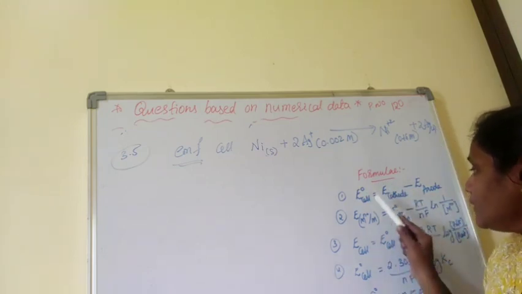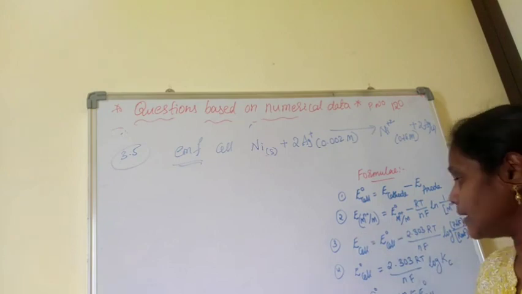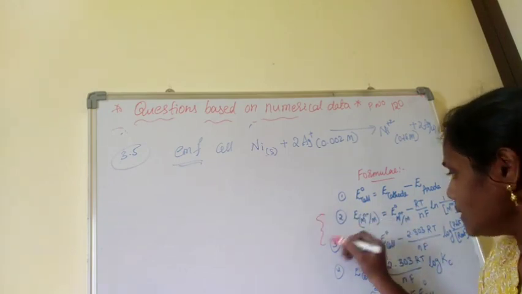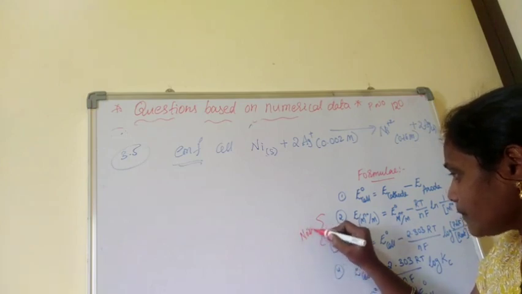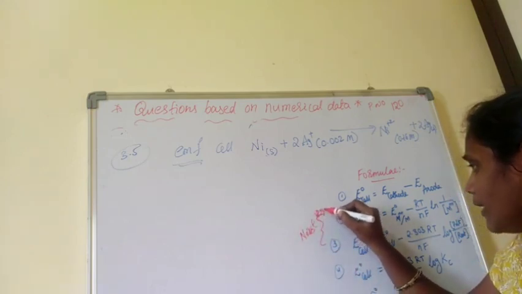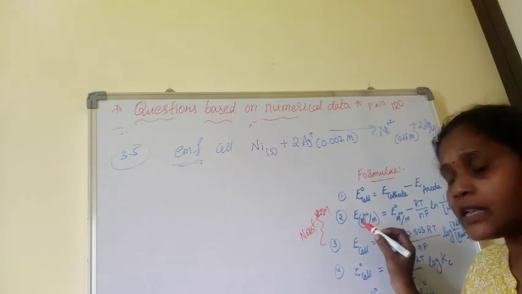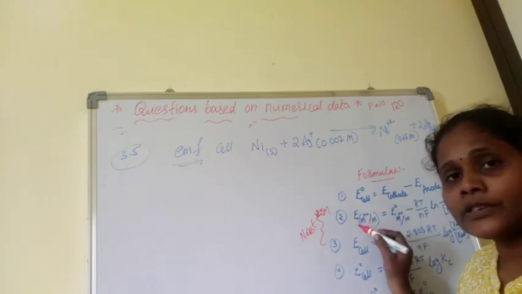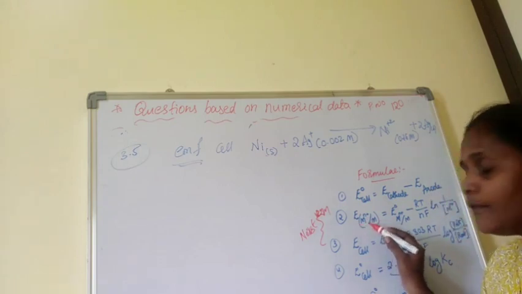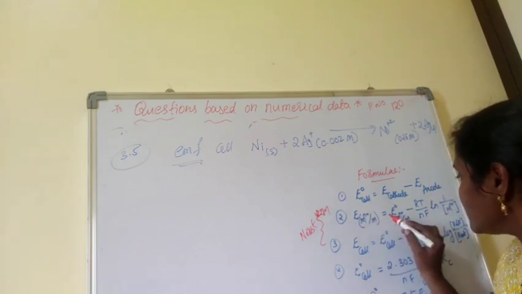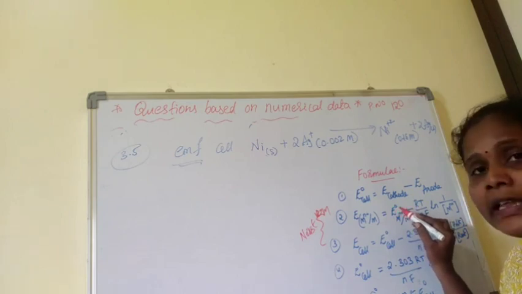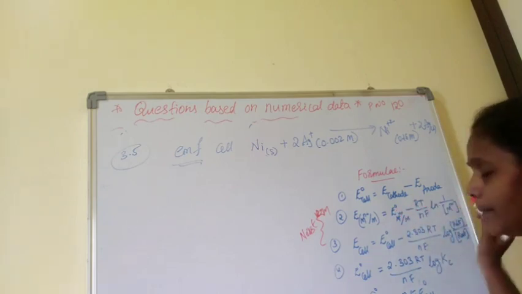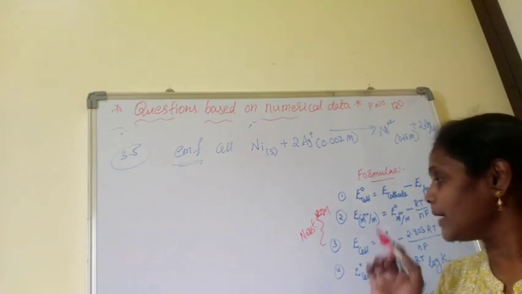Then, another set is the Nernst equation formulas. These two belong to your Nernst equation formulas. In the Nernst equation, first we wrote for a half cell, because our Nernst equation derivation started from this. For a half cell, the EMF can be calculated as E naught minus RT by NF ln 1 by M n plus.